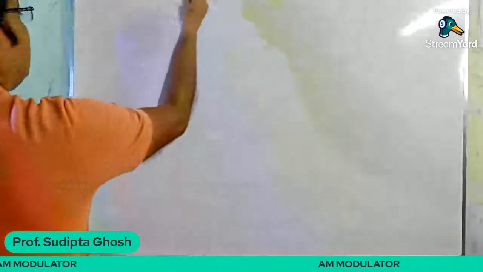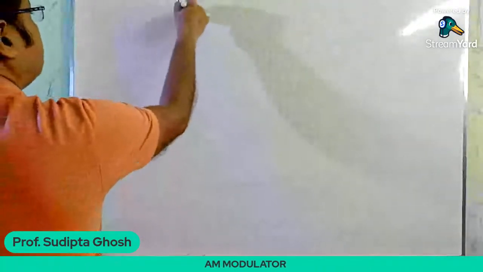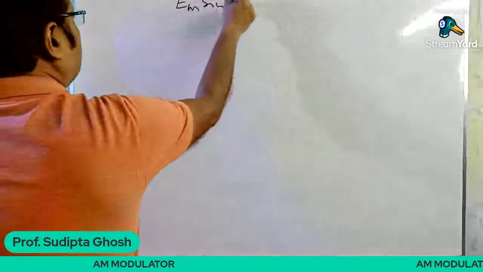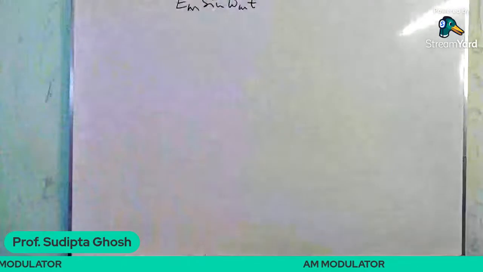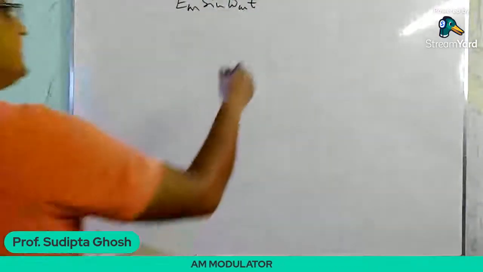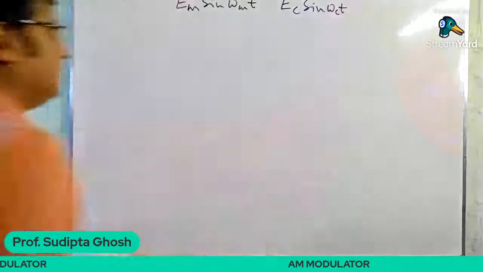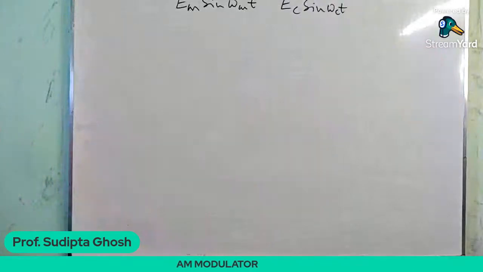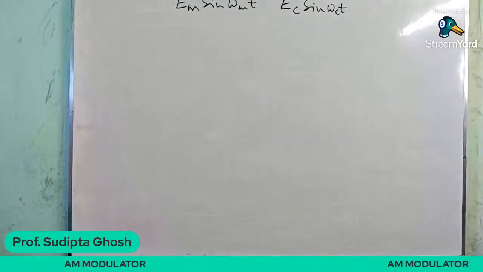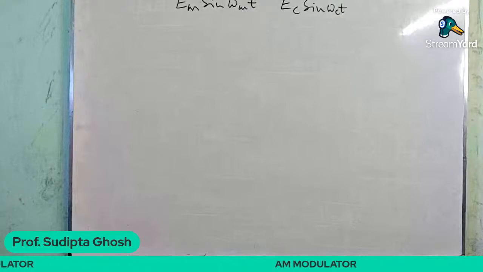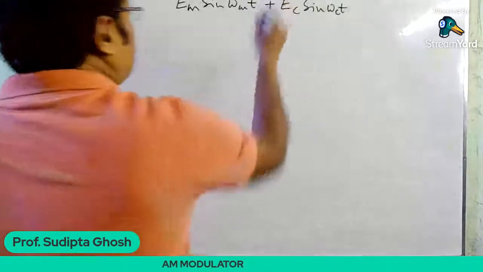If the input voltage to the first modulator, the square law modulator, consists of the information Em sin omega m t and the carrier wave Ec sin omega c t, then the first modulator circuit will have this value as its input.